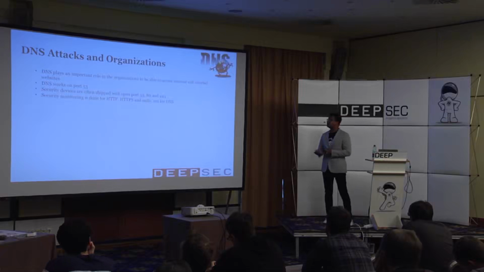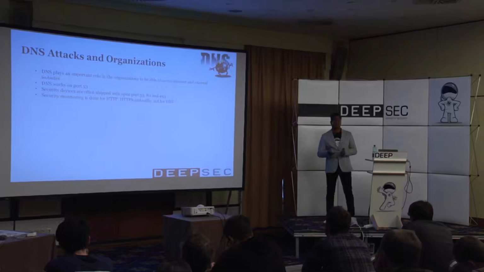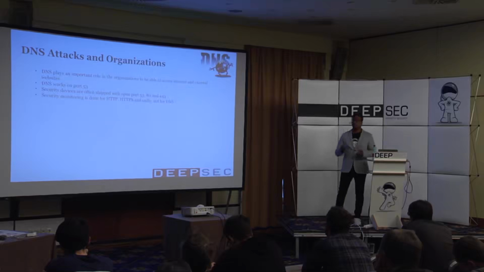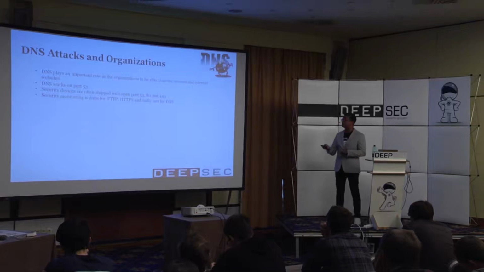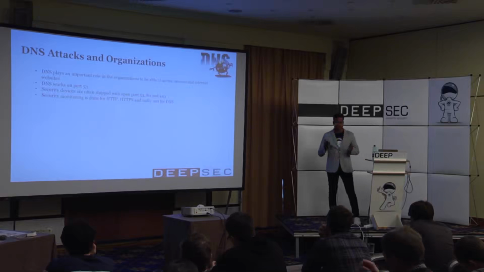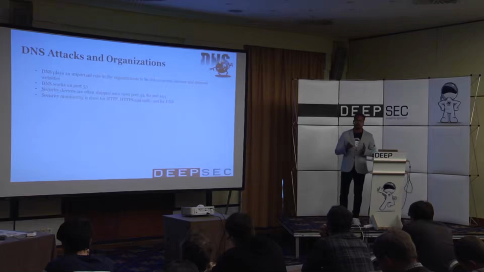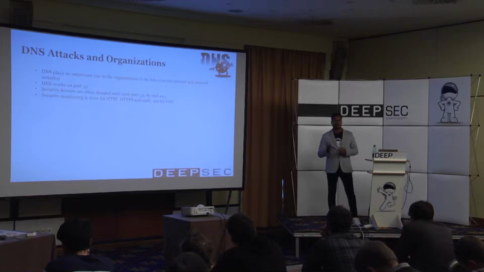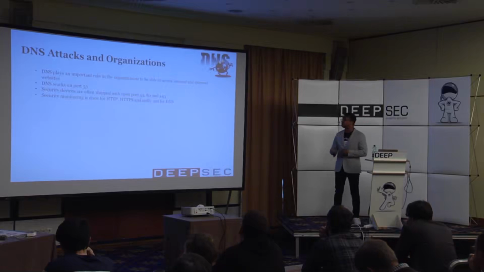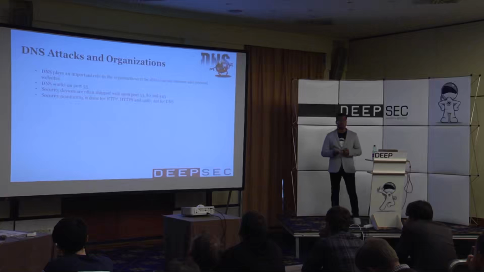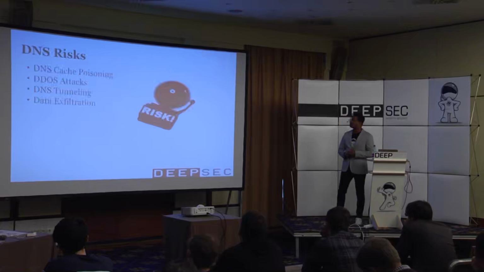Generally, the security devices have ports like 80, 443, and 53 configured and open. Security monitoring in various companies is majorly on HTTP, HTTPS, and such clients, and somehow DNS is missed in those security postures.